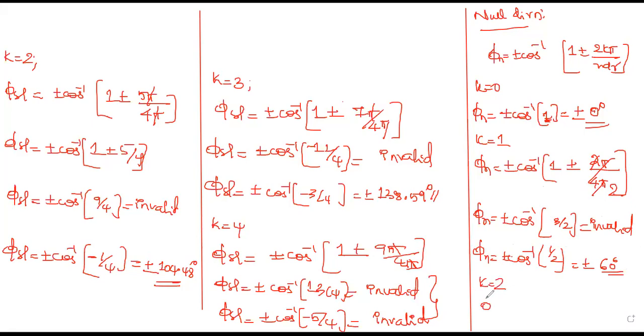Consider k is equal to 2. Phi null will be plus or minus cos inverse of 1 plus or minus 2, 2 2s are 4, so it is 4 pi numerator. Denominator we know is 4 pi. Cancel.